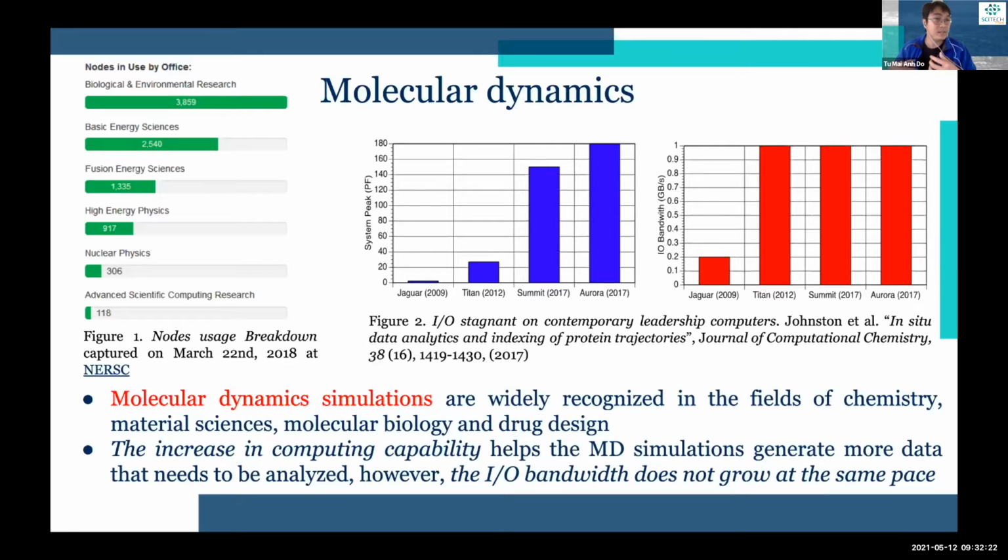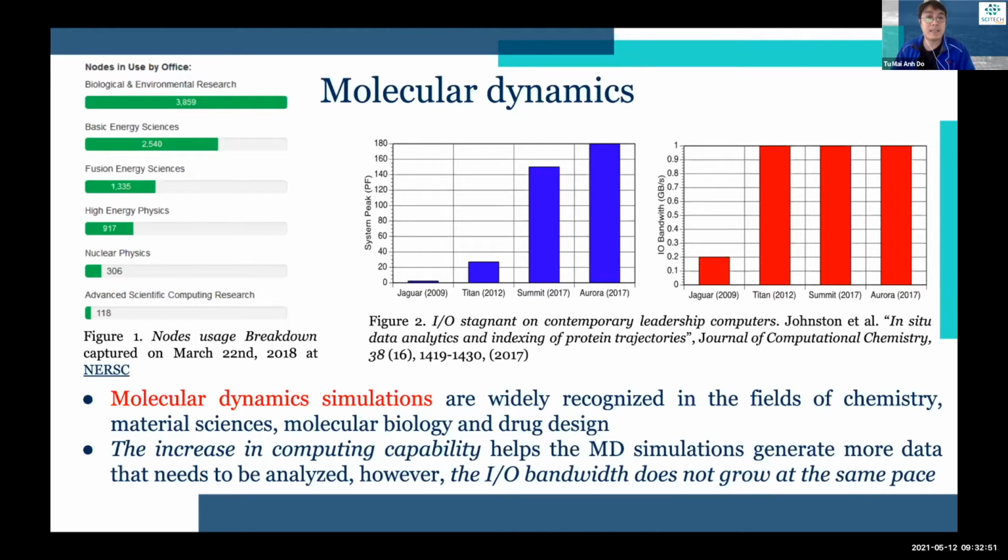And the reason that we study molecular dynamics simulation is to help scientists have a better understanding about the molecular system. Because of that, you can see molecular dynamics simulation has been used widely in many fields, like chemistry, material science, molecular biology, or drug design.